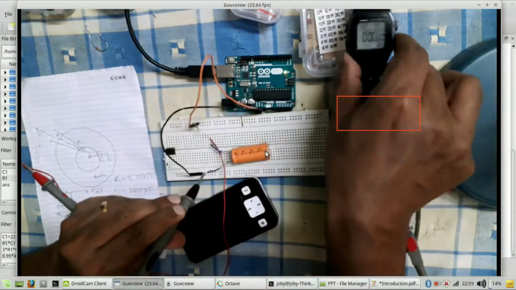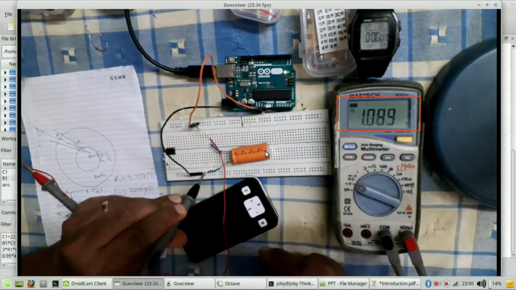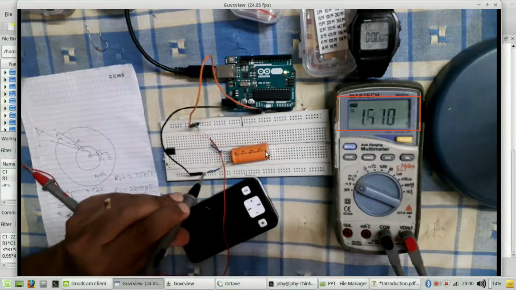Plugged in, started the stopwatch. So it had gone to 0, it is rising. So we'll wait for 4.48. Then I will stop the stopwatch.